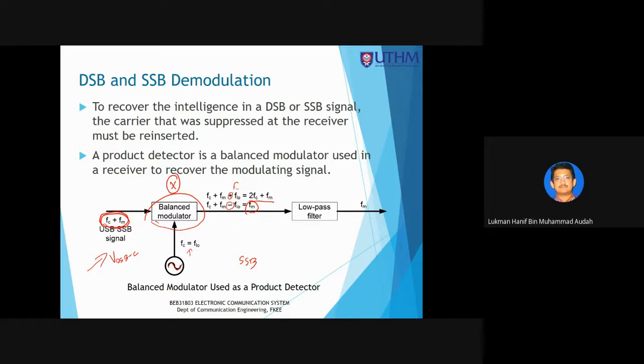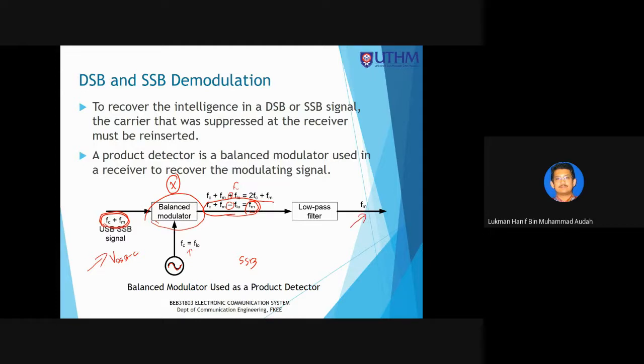Okay, so in this case, kalau kita nak select bahagian yang ini, lower sideband, kita perlukan low pass filter, so that this low pass filter will select the lower part and remove the higher frequency part. So terhasillah output yang mempunyai frekuensi Fm.